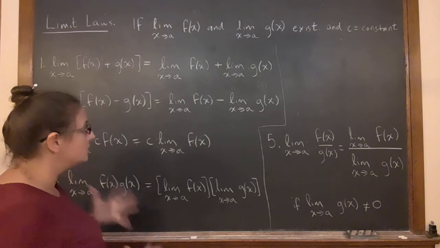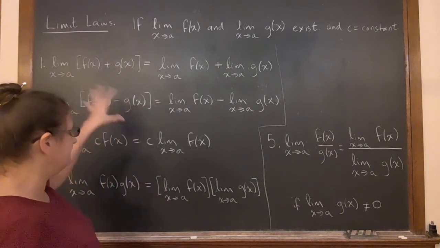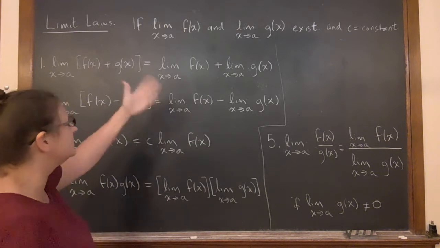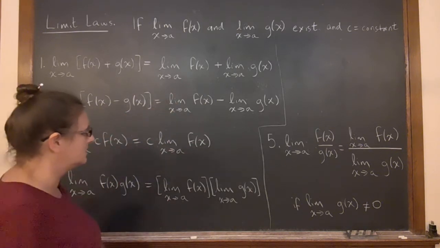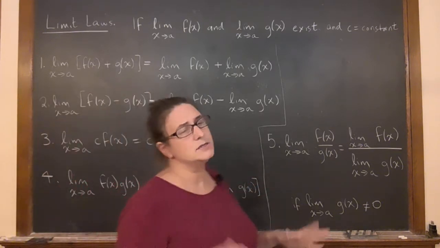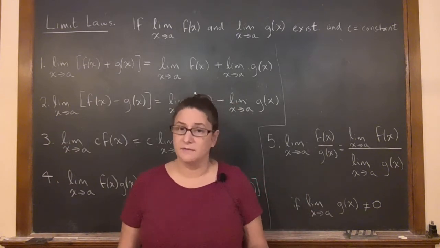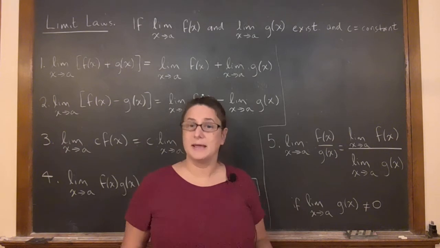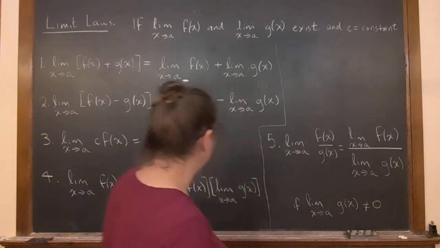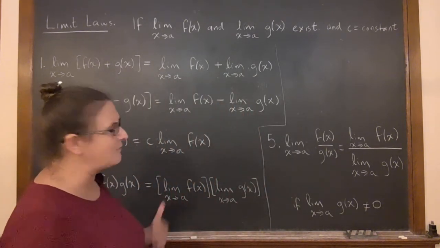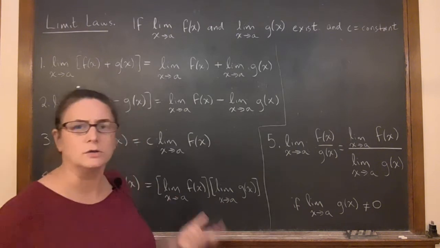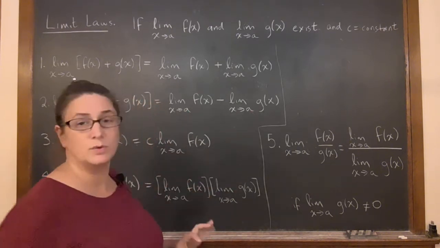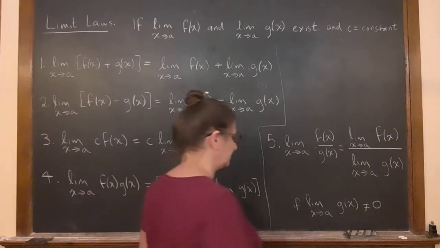But what we're going to use these for is, you can see immediately from the form of this, when we do stuff like plus, minus, multiplication, division, we're making more complicated functions. So we're taking some functions and making them more complicated. So we're looking at a rational function instead of a polynomial or something like that. So we are going to be able to use these laws with those kinds of functions.